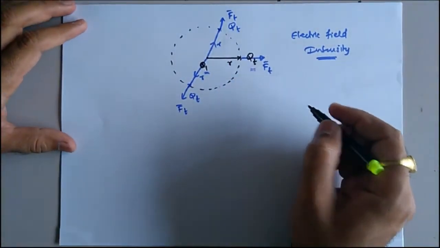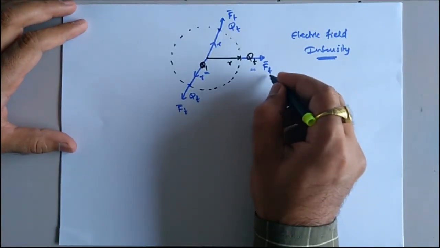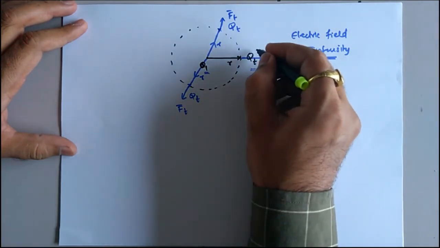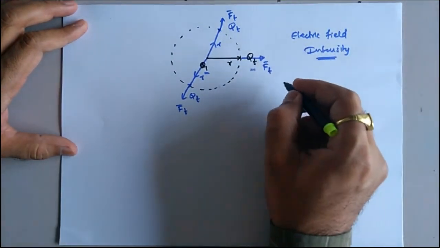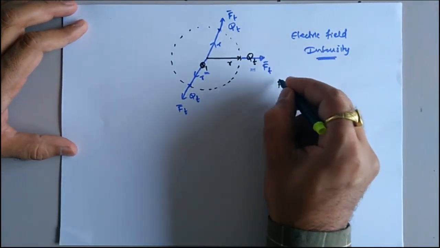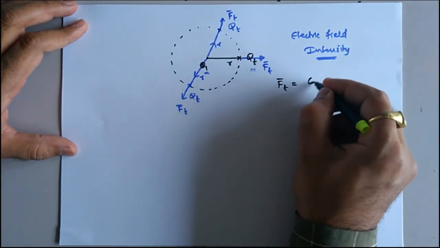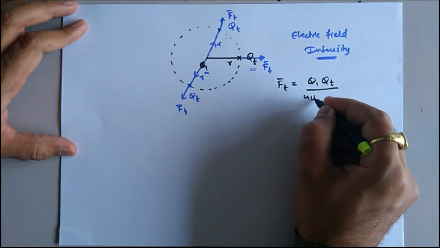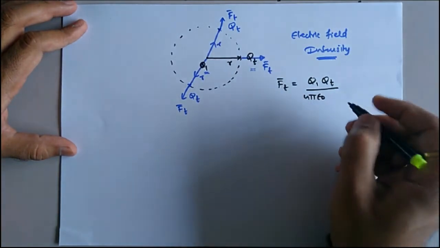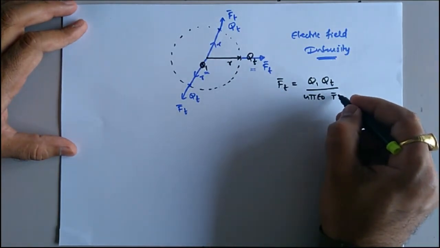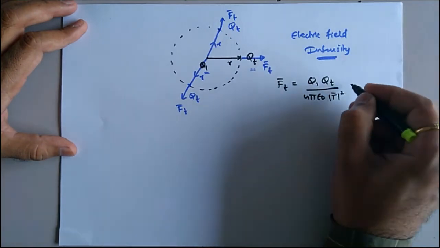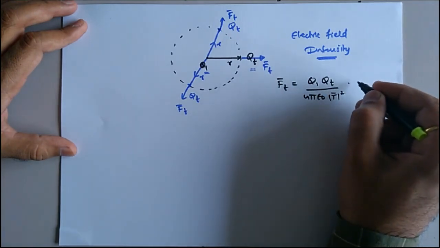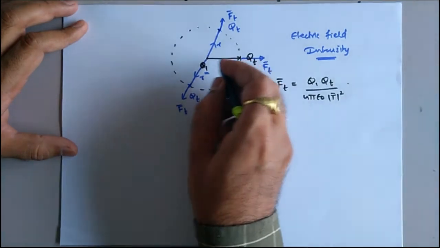Now let us try to write a mathematical expression to calculate the value of force experienced by charge qt. Mathematically we can write Ft bar, which is nothing but q1 into qt whole divided by 4 pi epsilon naught multiplied by r bar square multiplied by a unit vector along a line joining these two charges.